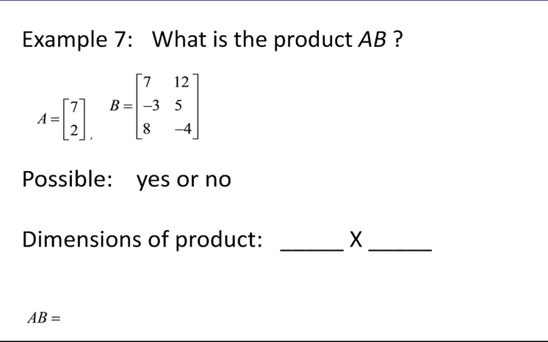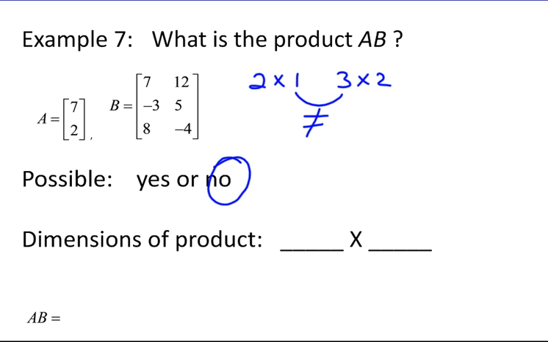All right, example 7. What's the product of AB? Well, we see that A is a 2 by 1. And we see that B is a 3 by 2 matrix. We look in the middle. They don't equal. So that means, no, it's not possible.